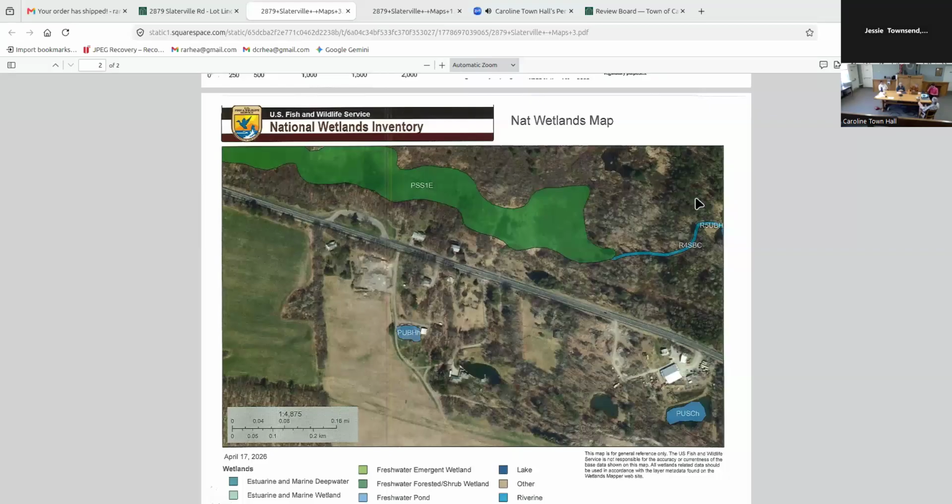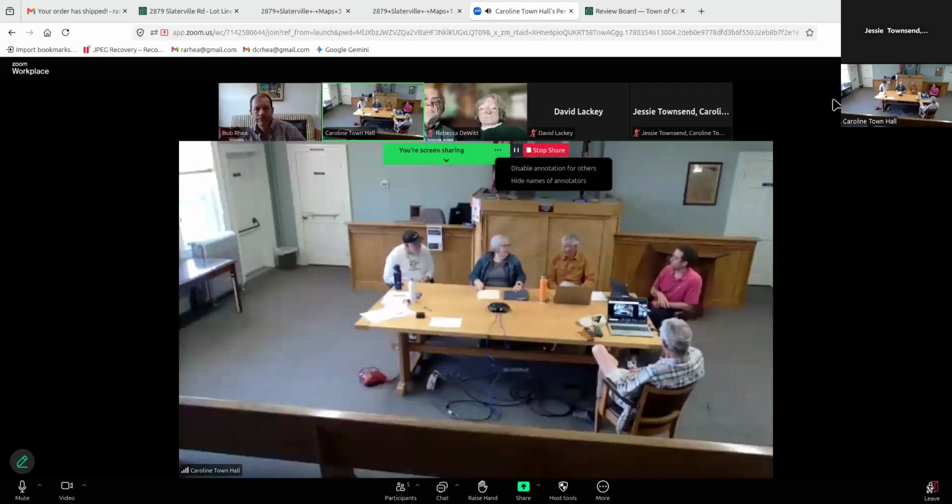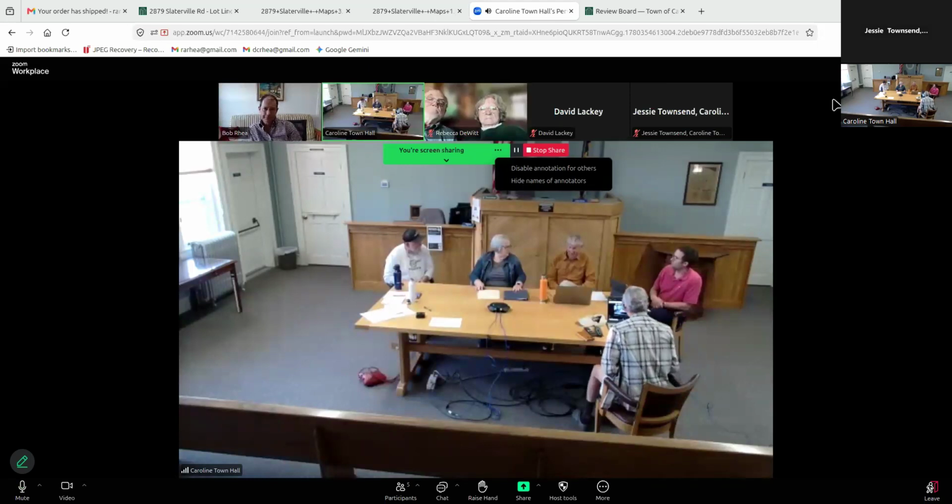Okay, so this is what I think we have decided at this point, without a vote, I'm at least seeing nods. We have a motion to say that this is a minor subdivision, that we need to have a sketch plan review, that we can look at the materials if we get them in 2 weeks, and that the owner can ask us for a waiver of any parts of those, and could ask us soon, so that when we get to the sketch plan review, we'd be ready to do it.